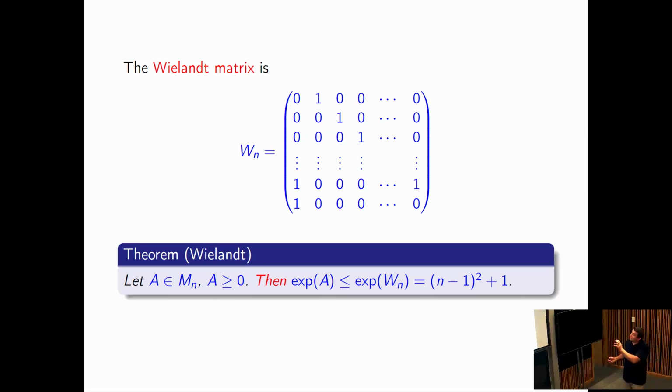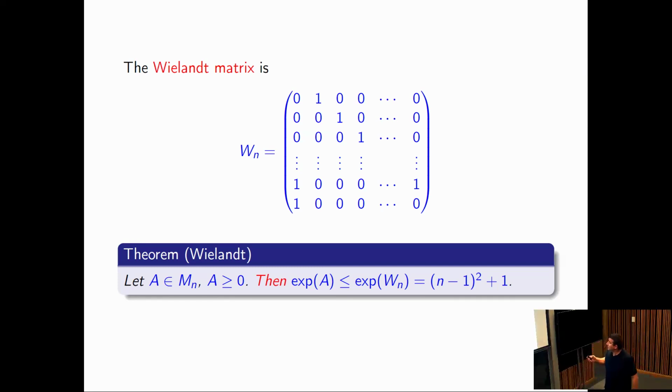So basically, you have the standard basis, and you make a cyclic permutation on the standard basis. This is what you have. In addition, you put this one here. And that is what is called the Wielandt matrix. It has extremal behavior. One thing: the entries of A are a 0, 1 matrix. Yes.